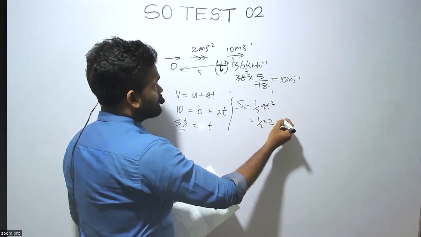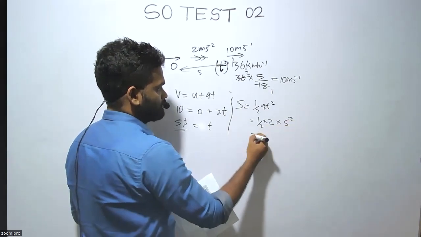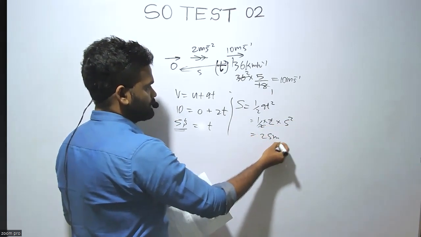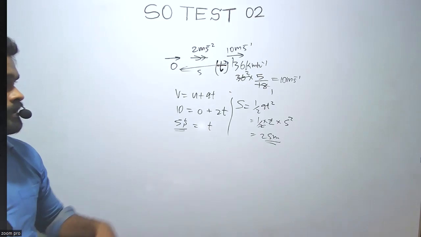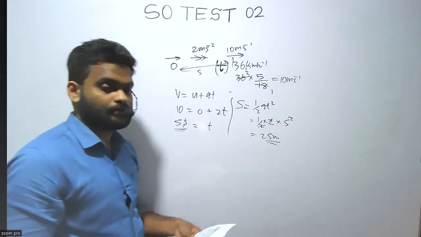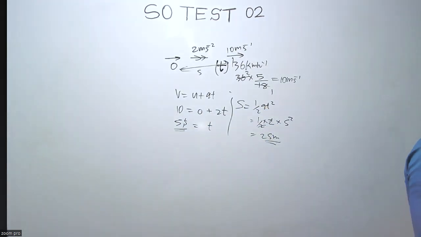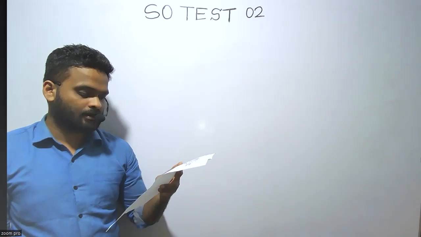Acceleration 2, time I just found, 5 squared. The 2 cancels off, so it is 25 meters. So the distance it traveled is 25 meters and the time it took is 5 seconds. 5 seconds and 25 meters, so the fourth one is the answer.